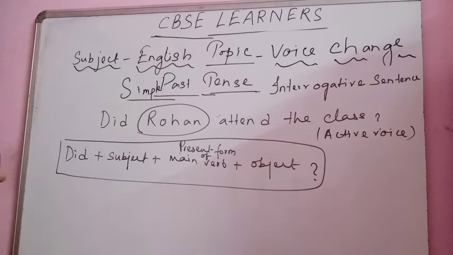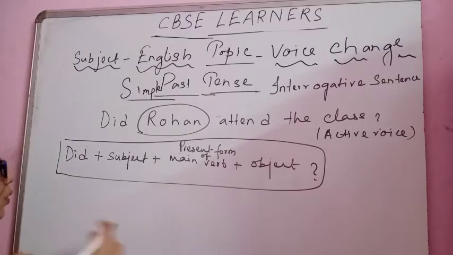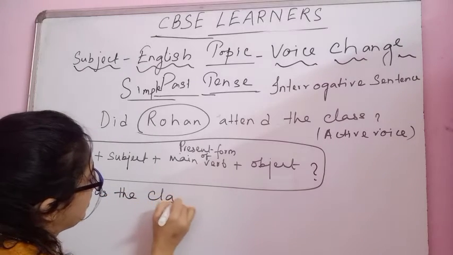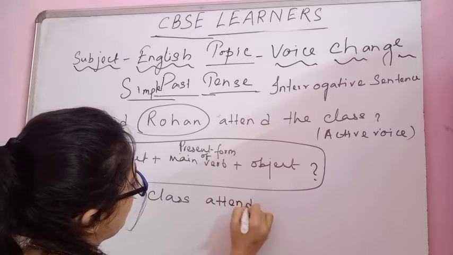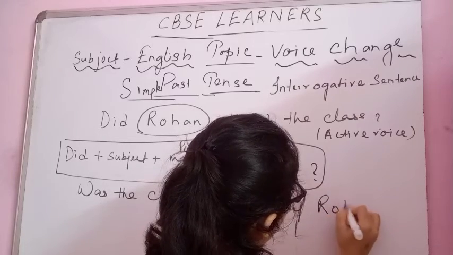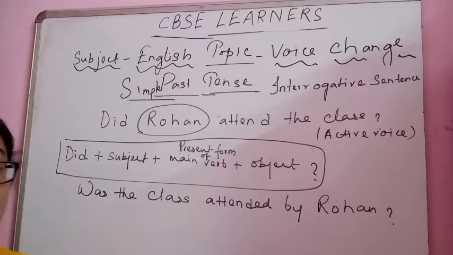Okay, now in case of passive voice we have to bring the class at the focus. So we'll change this did with was or were. Okay, so we'll use was the class attended by Rohan. Okay, if it is plural classes, then we'll be using were, the classes attended by Rohan.